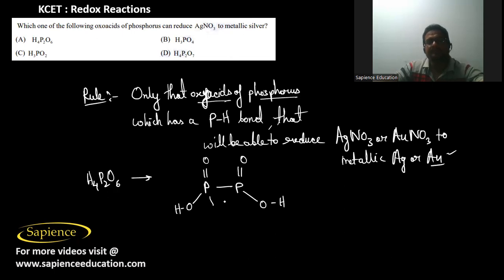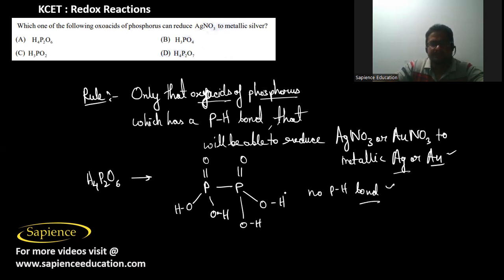Okay. So H2, so here also we have one more OH bond. H4P2O6, 2, 3, 4, 5, 6, 7. So here we have no P-H bond. So it will not be able to reduce the silver nitrate to silver.